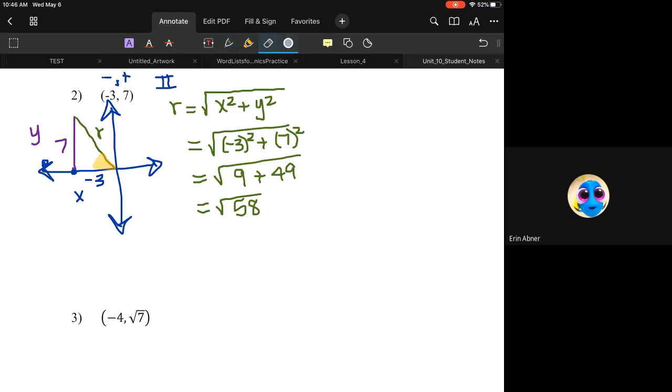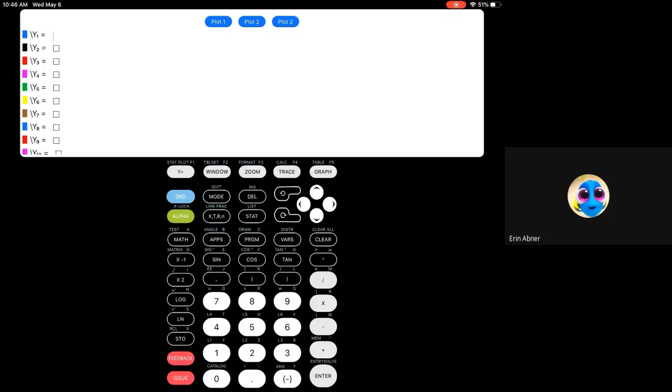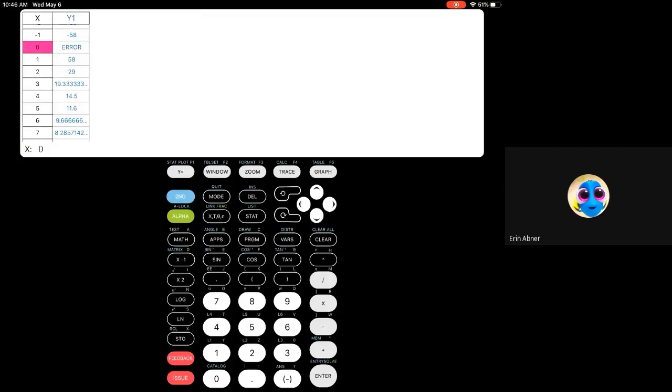And so what I'm going to do is use my graphing calculator. I'm going to go to my y equals screen, and I'm going to say 58 divided by x, and then I'm going to hit second and table because I want to know what the factors are. I have 1 and 58, which we know, so 2 and 29. Keep coming down. This just gives me my factors. Well, what if I want to know if it's a perfect square?